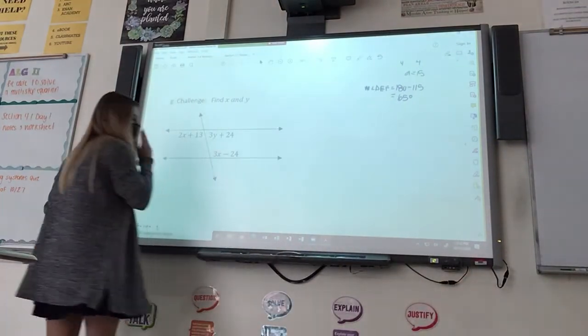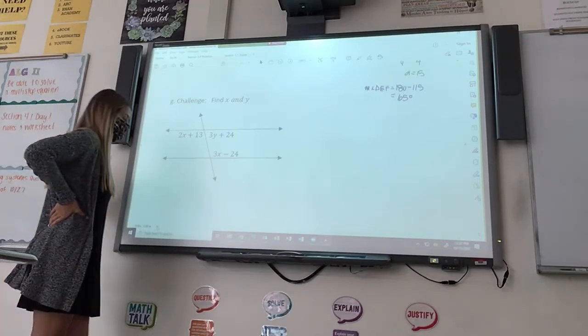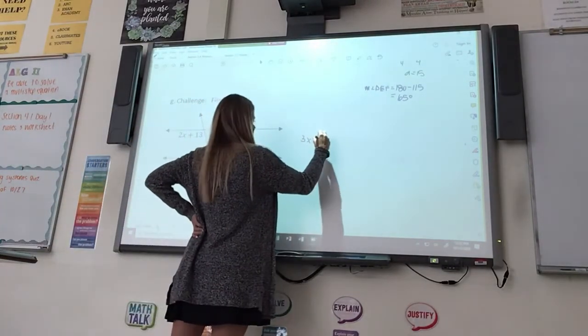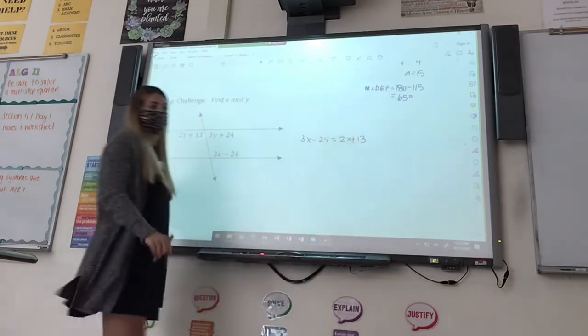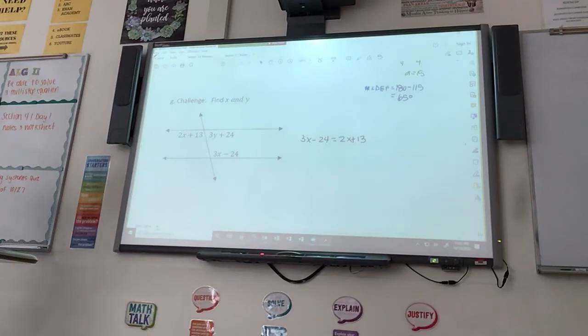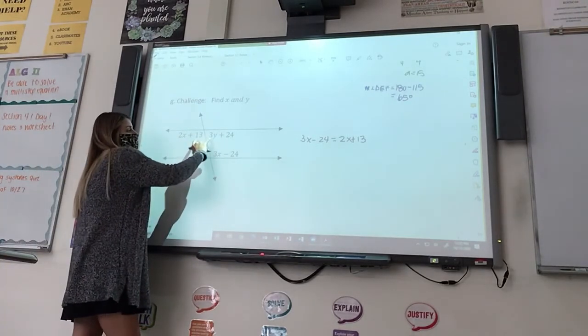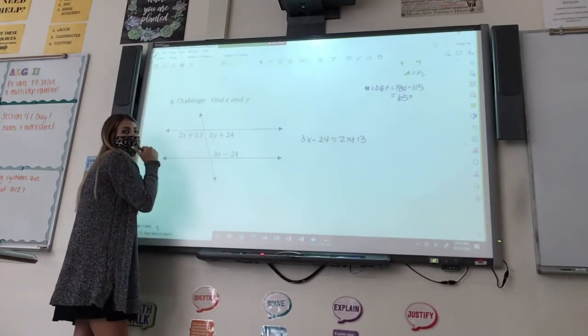Anyone start part G? Want to tell me what they did? What you're gonna do is 3x minus 24 equals 2x plus 13. Why did you do that? Oh, because they're alternate interior angles. So we know that you could probably set up an equation with these two, but there's two different variables.